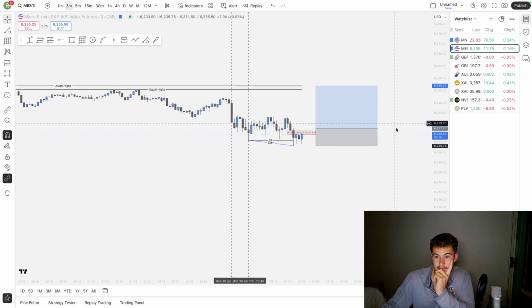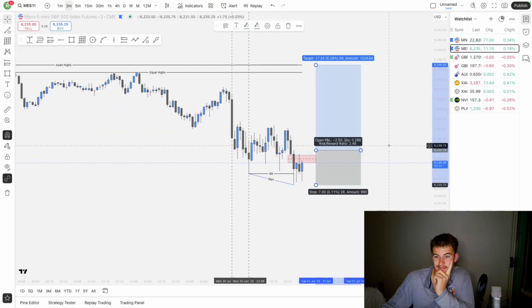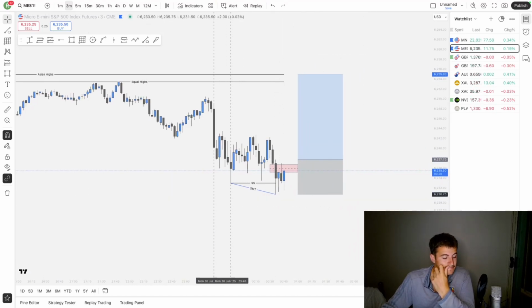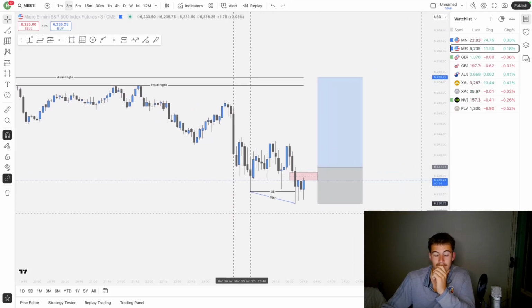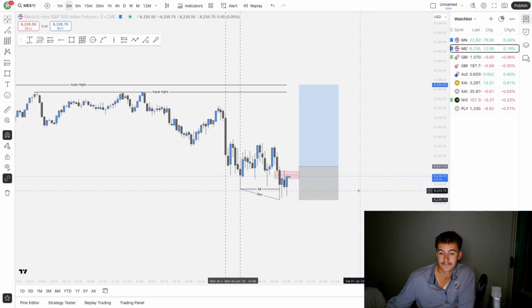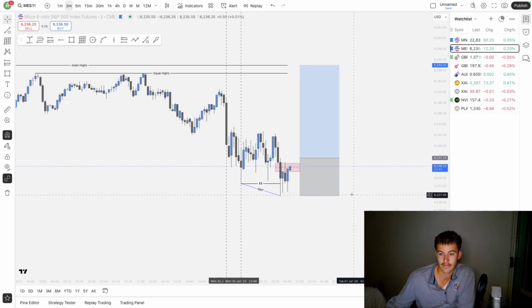Leagues up here on the S. Oh, it's so clear. This sucks. Changing the state on that 3 minute time frame.